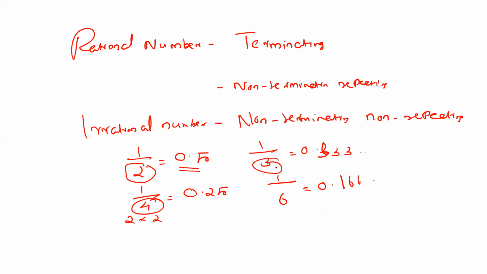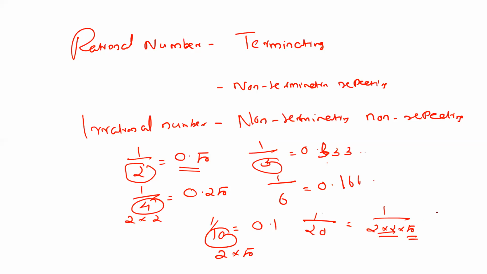And 3 is there, so it is non-terminating. Similarly 1/10 is 0.1; 10 is 2 into 5, so it is terminating. 1/20 is 1 by 2 into 2 into 5, so it is terminating: 0.05.